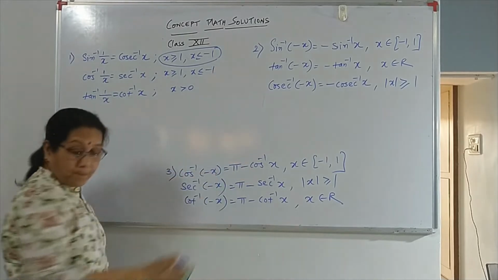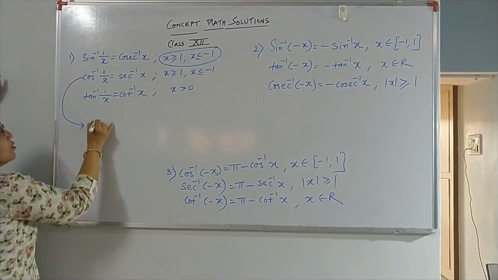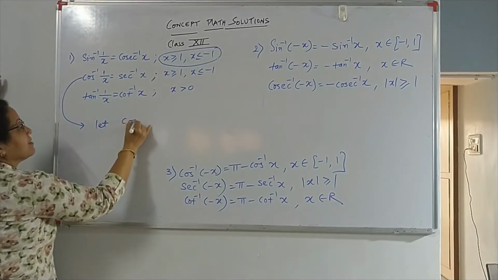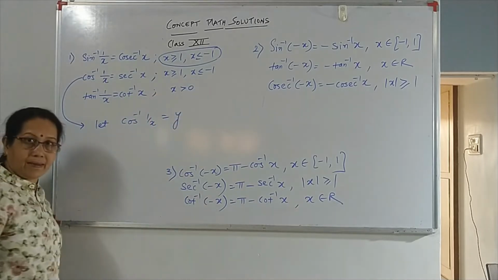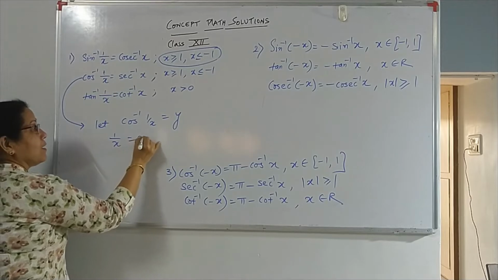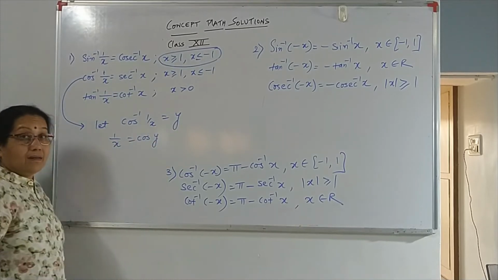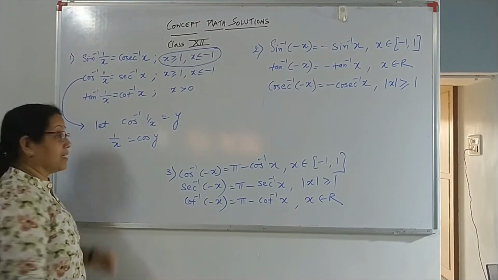Now, if I take up the second one to prove, as we discussed, for cos inverse of 1 by x, I assume it to be y. That means 1 by x is cos y. The inverse trigonometric statement I transferred into a trigonometric statement.